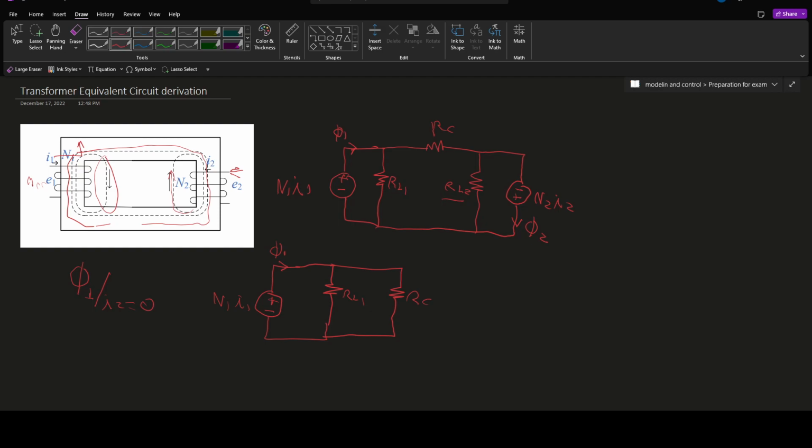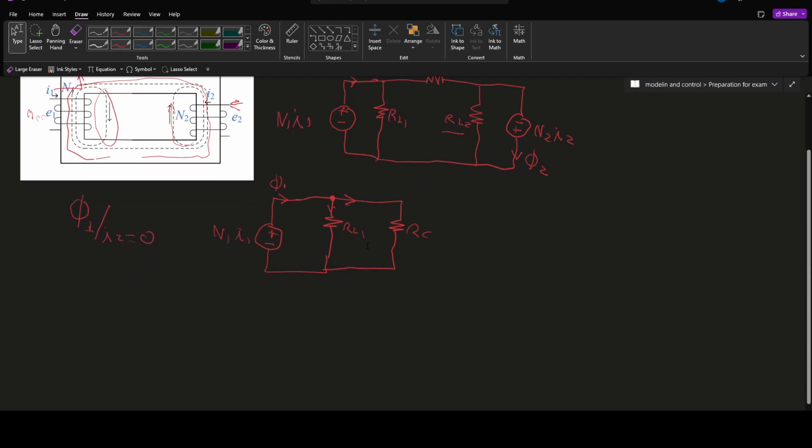Okay, now we have the circuit and we care about phi1. If we look at this node, we know that phi1 is the sum of this flux and this flux. So we know that the flux over RL1, because they are in parallel, they have the same voltage, in this case N1 times I1.